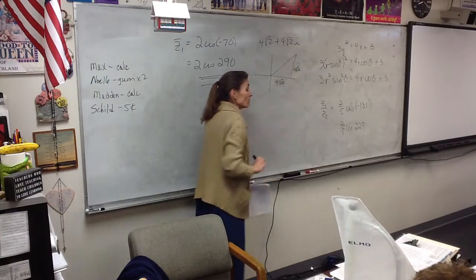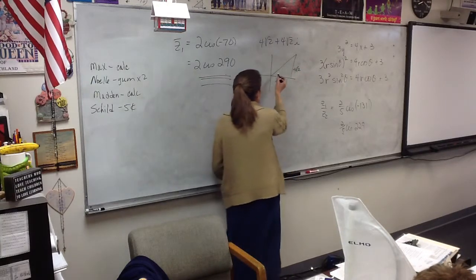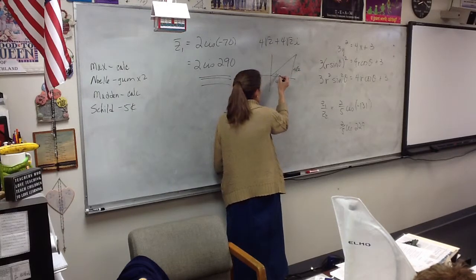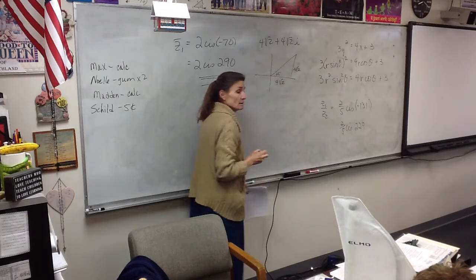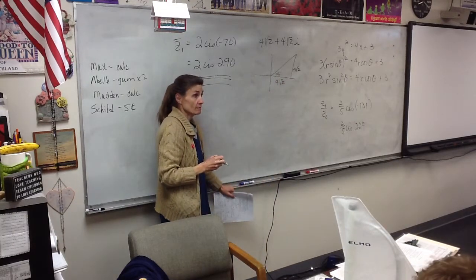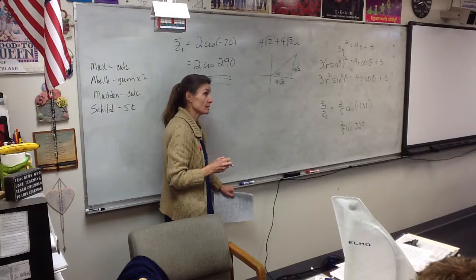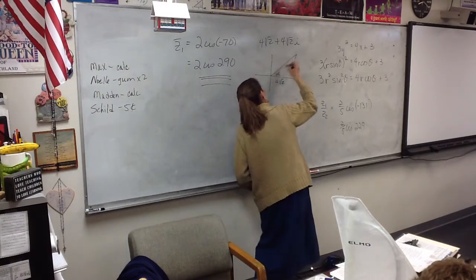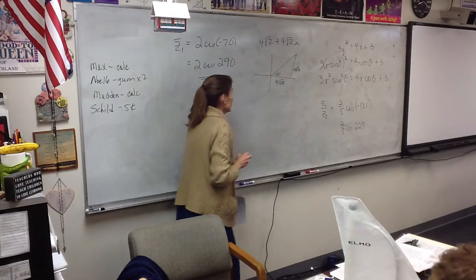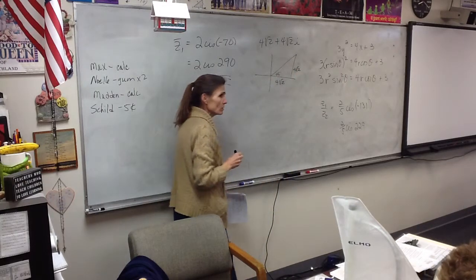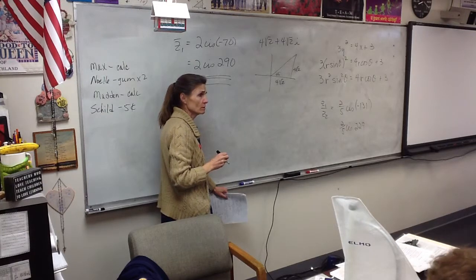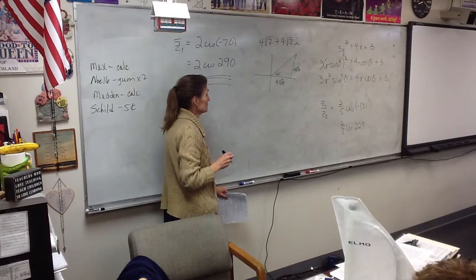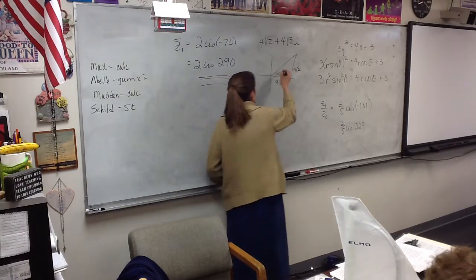Now, without a calculator, you should be able to tell me what this angle is. 45. Two legs of a right triangle congruent, that's 45, 45, 90. Now, Pythagorean theorem, what would the hypotenuse be? It'd be 8.